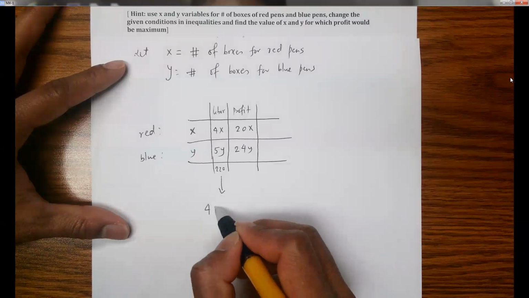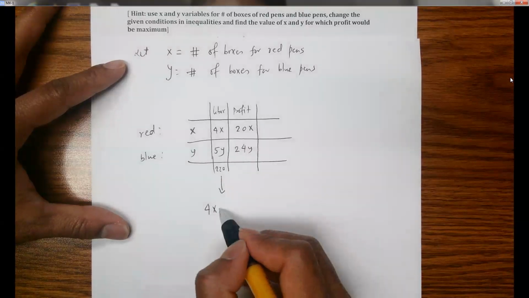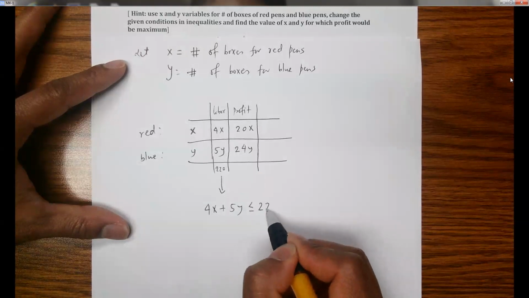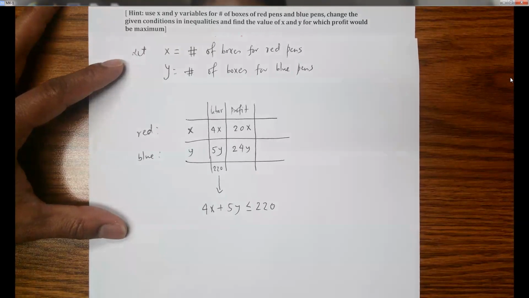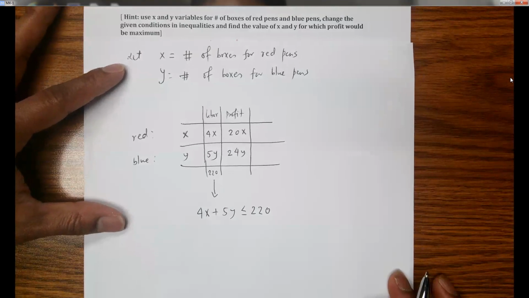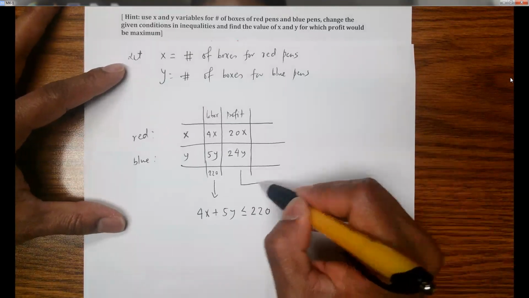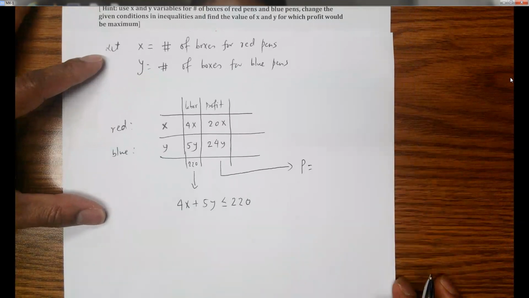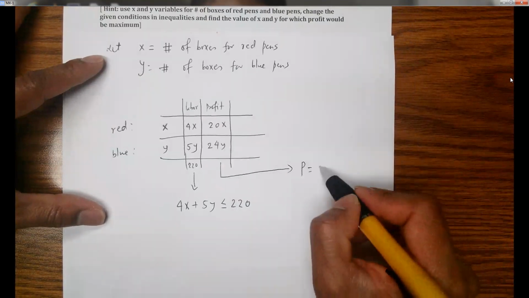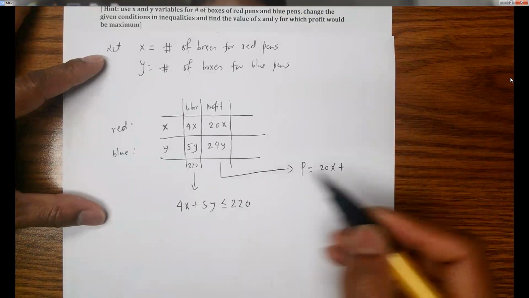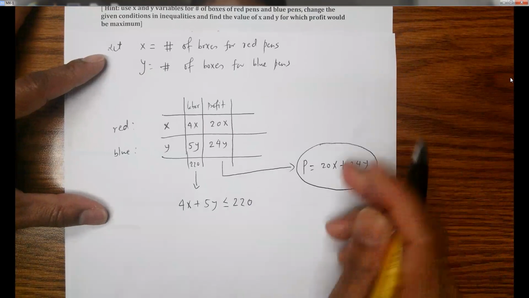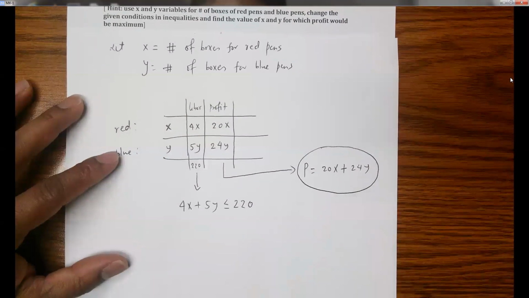That means the labor for the red box and then blue box cannot be greater than 220. So it should be less or equal to 220. And from the second column, we get the profit formula. Let's say P stands for profit, is actually 20X from red and then 24Y from blue.